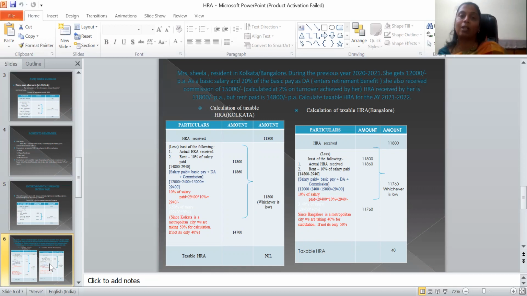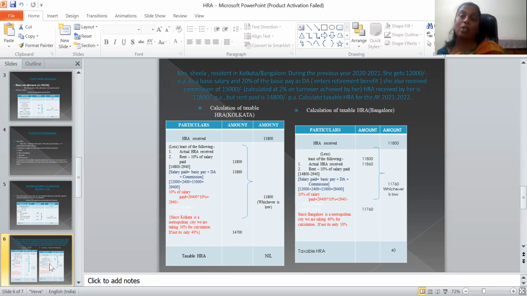She also receives commission of rupees 15,000, which is calculated at 2% on her turnover achieved during the year. HRA received by her is 11,800 per annum, but rent paid is 14,800. Calculate her HRA amount for the assessment year 21-22.